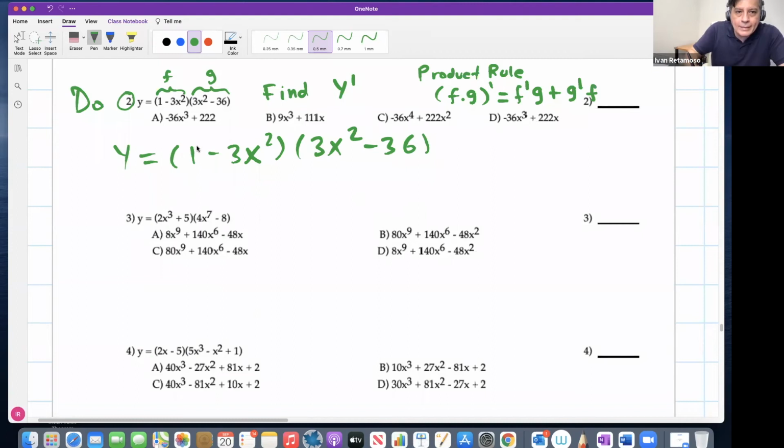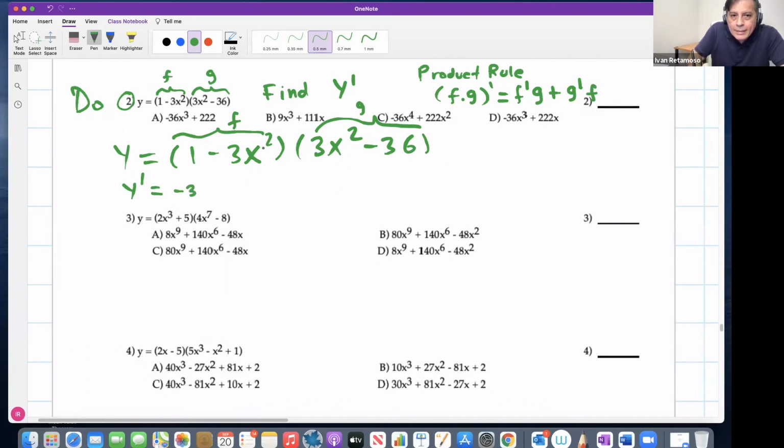So we are saying that this is our function f, and this is going to be our function g. We're going to apply this product rule, which says the derivative of this product of two functions should be the derivative of the first factor, the derivative of this part. Derivative of the constant function 1 is 0. Derivative of this part, constant -3, -3, right?